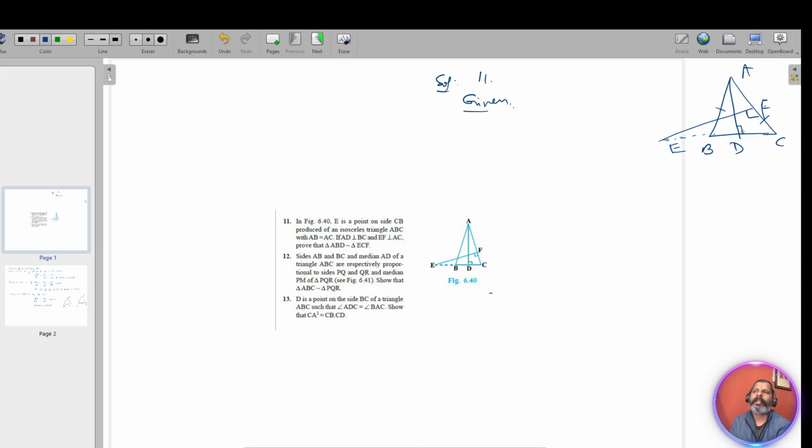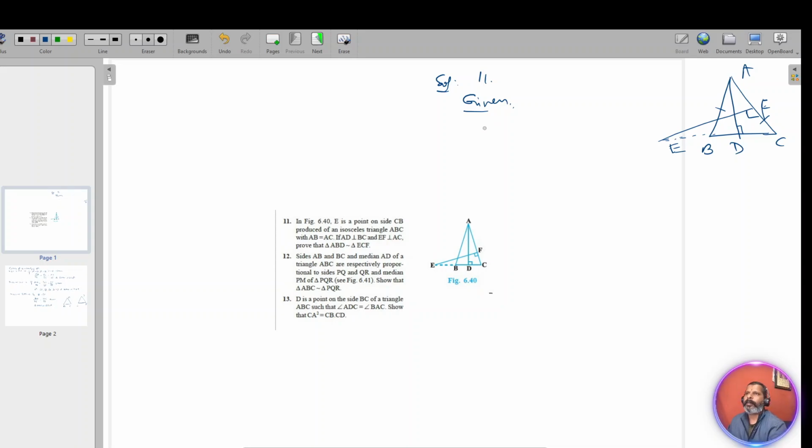Another angle we have to find. For that they have given the clue: AB and AC are equal. AB's opposite angle is C, AC's opposite angle is B. Therefore, in triangle ABD, angle B is equal to angle C in triangle EFC. We are done.